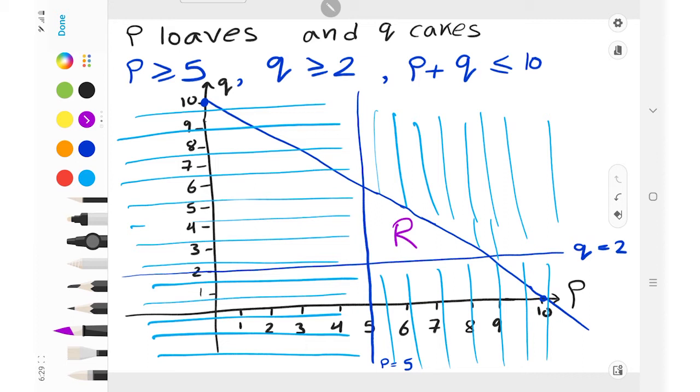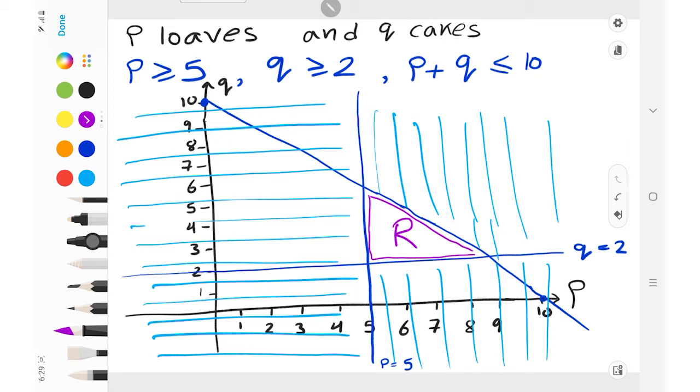Now I want to state one solution. How can I give one solution for this? You will take any point you want in this triangle. You can say 5 loaves and 2 cakes. You can say 6 loaves and 3 cakes. Anything in this specific region.